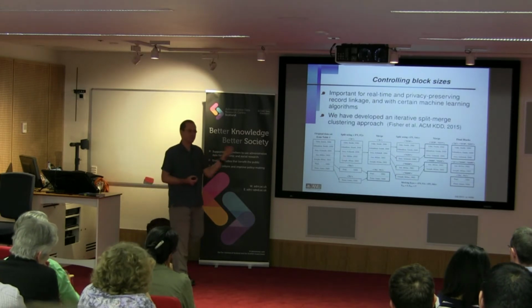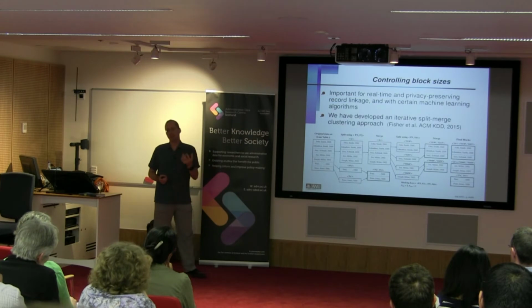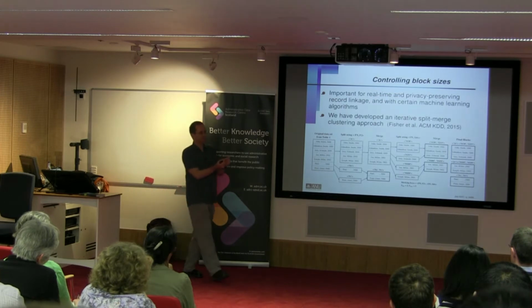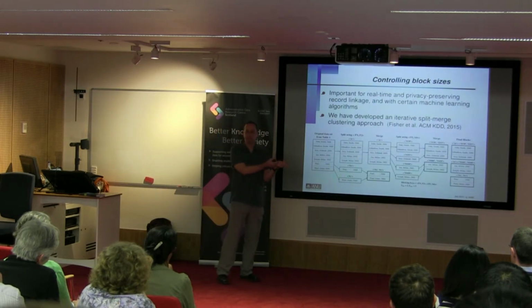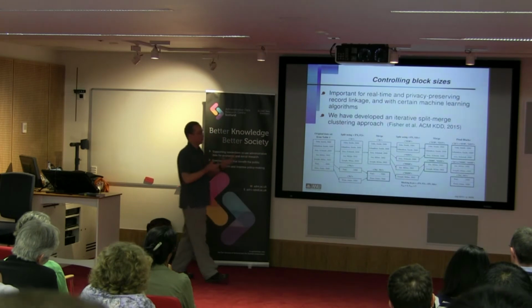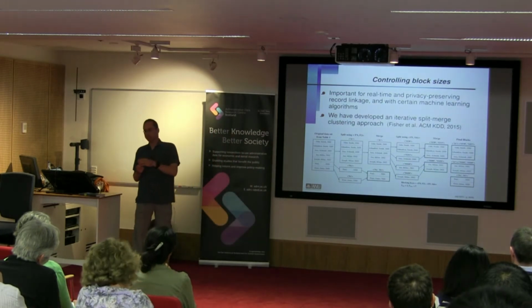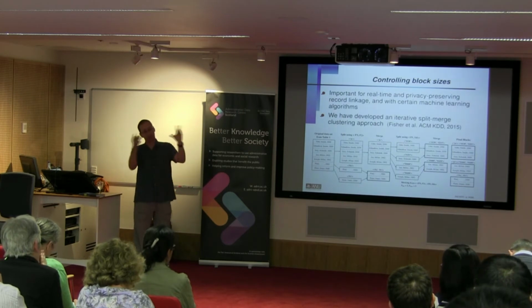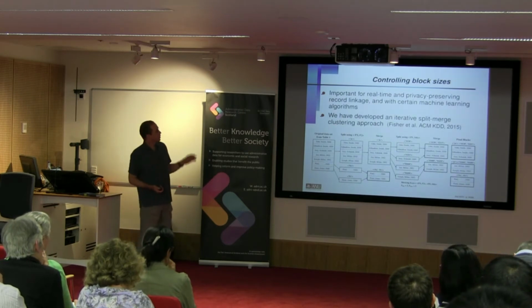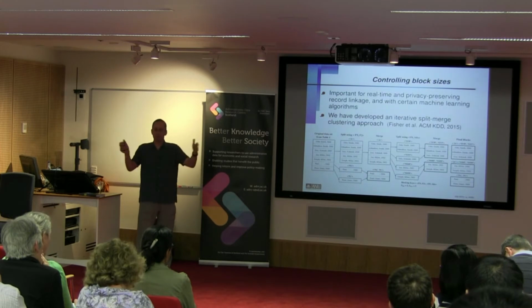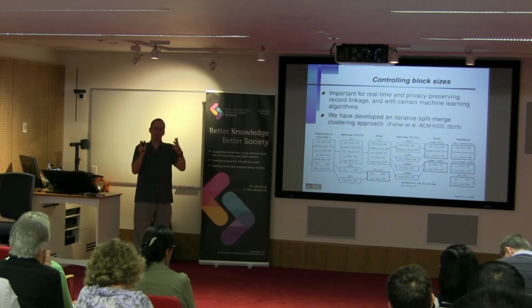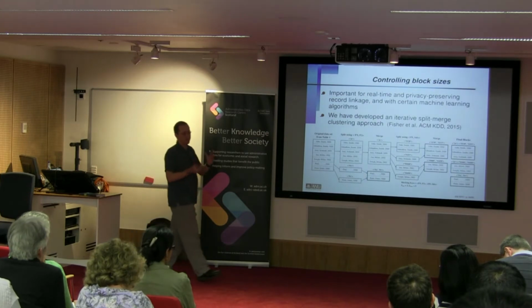That might mean that somebody who tries to identify information learns that this record is in a block with only 3 people. That tells me something about the frequency of that name. On the other hand, if I'm in a block which is large, then potentially an attacker can identify this must be the block of the Smiths, because there are lots of records with that. So in privacy-preserving record linkage, you want to be able to control the size of the blocks as well, to put them into a very limited min-max size.